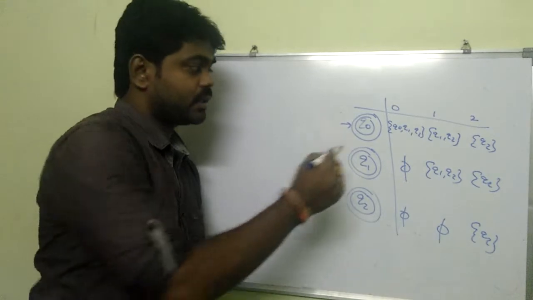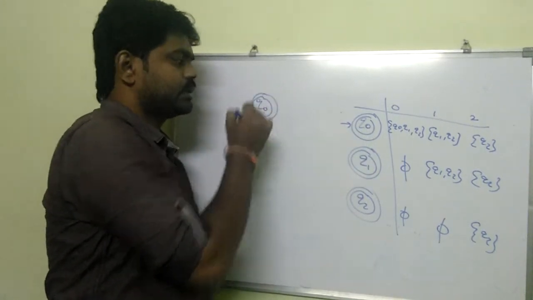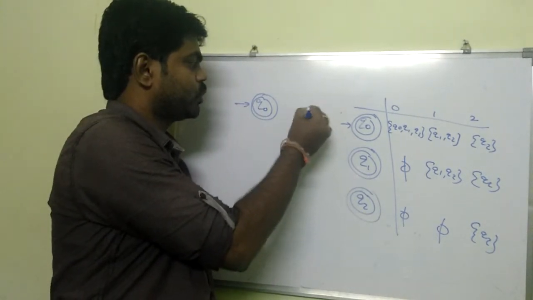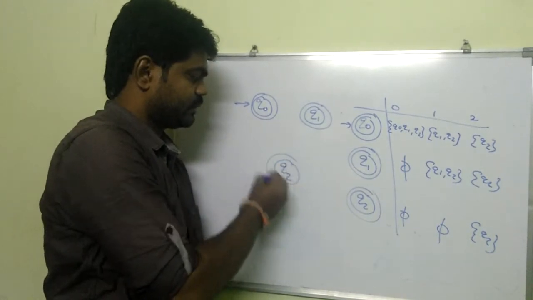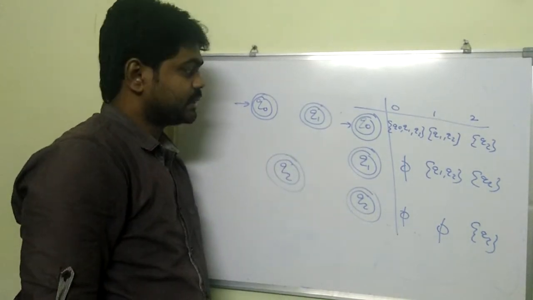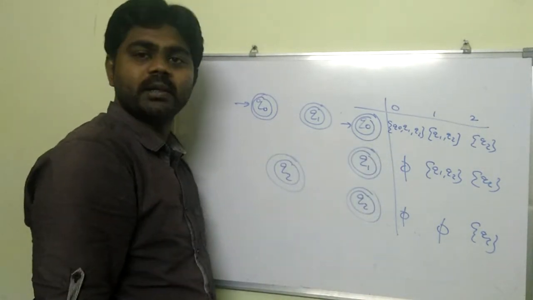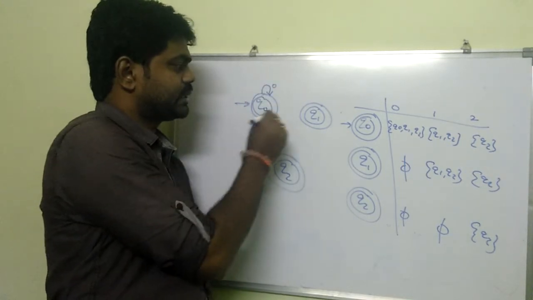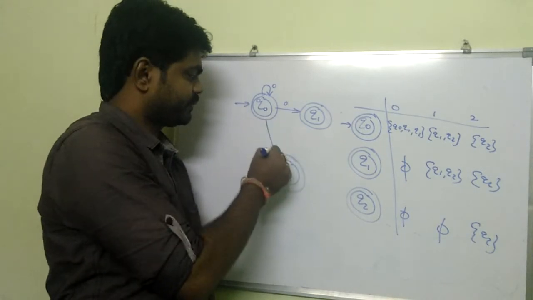See, Q0 is my starting state as well as final state, then Q1 and Q2, right? So Q0 on 0, I am going to Q0, Q1 as well as Q2. So 0, 0 and Q2, right?